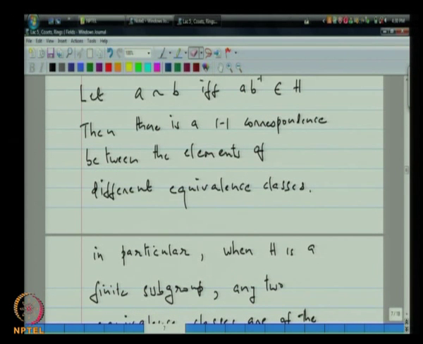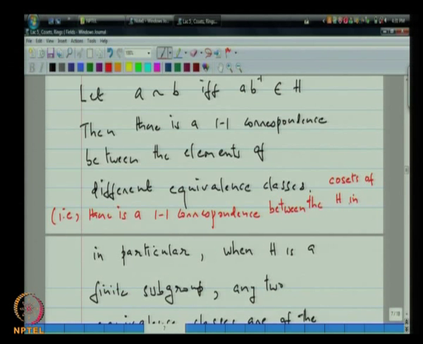So, you can also rephrase that and say that there is a one-to-one correspondence between the cosets of H in G.